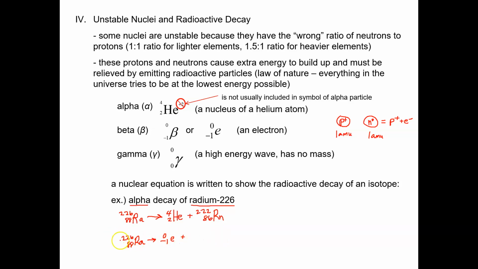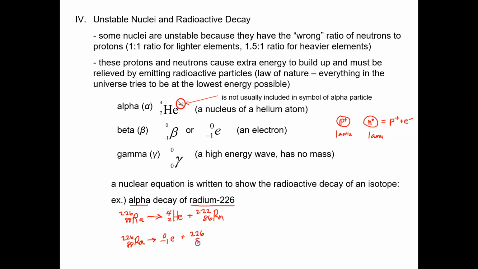If I started with a mass of 226, then my mass better be the same on this side. What's the mass of a beta particle? 0. So how much mass is left in my extra particle, my extra isotope? Still must be 226, right? 226 plus 0 has to equal 226. The bottom number, which is the atomic number, started off as 88. I have gotten rid of -1. So what do you have to add to -1 to get 88?